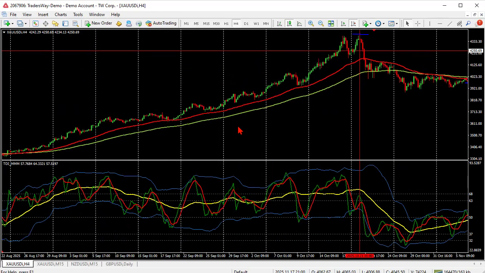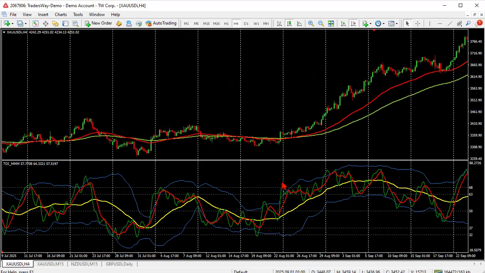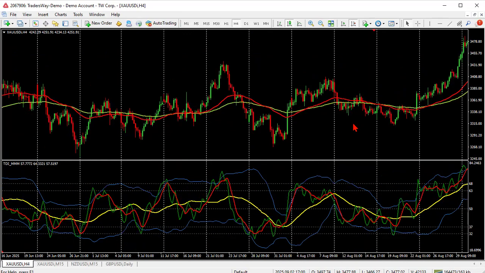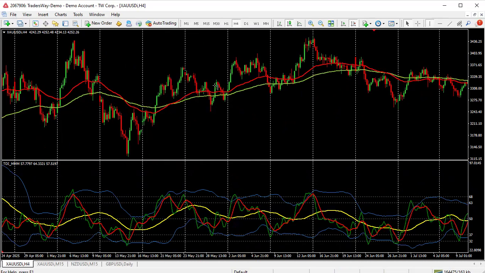It's all around. Now when you see them symmetrical or parallel going in the same direction, then obviously you're trending at that point. But you can just go through and see times where, here's one, G5 down.